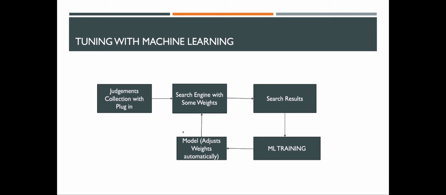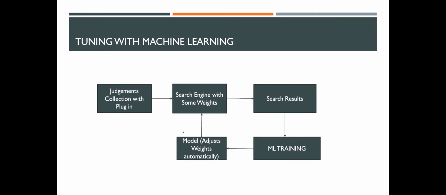Another advantage of machine learning is, let's say again you compare with human tuned relevance. The relevance could change over a period of time because of the change in users' behavior. So even if you hand tuned it, you might have to tune it over and over again if you see a drop in your relevance.